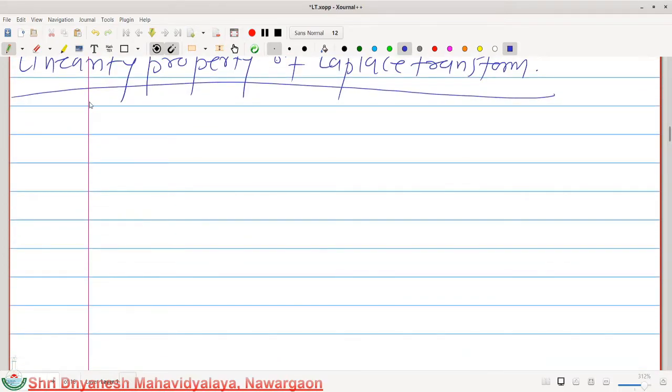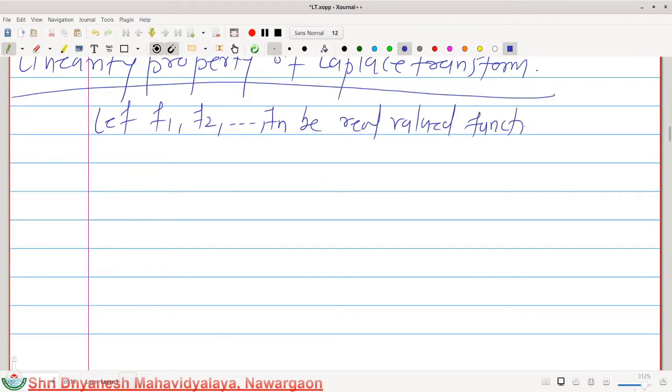So let us write the statement first. Let f1, f2, so on fn be real valued functions of t greater than 0, okay, and c1, c2, so on cn be arbitrary constants.